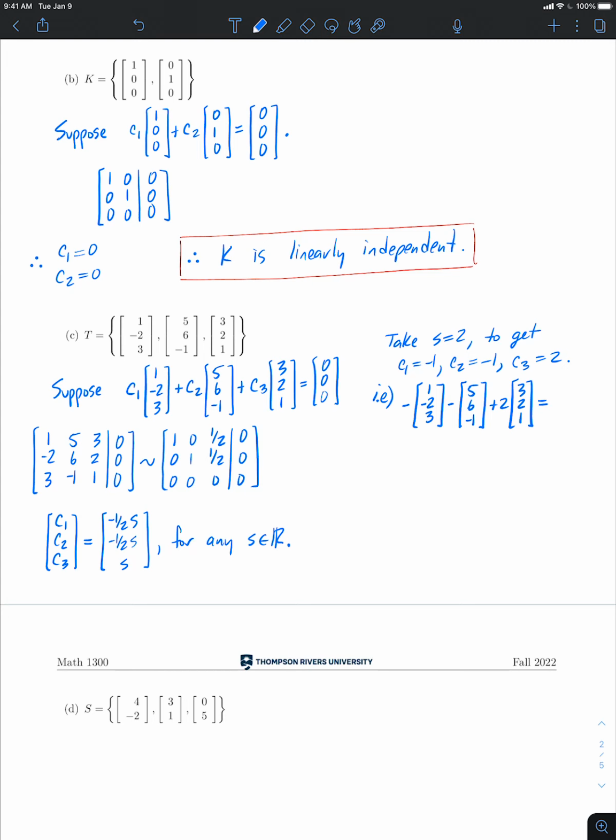And that gives us the 0 vector. Okay, that follows from the work that we've done. So that's the vanishing linear combination that we're after. And so now we can say, therefore, this set T of vectors is linearly dependent.